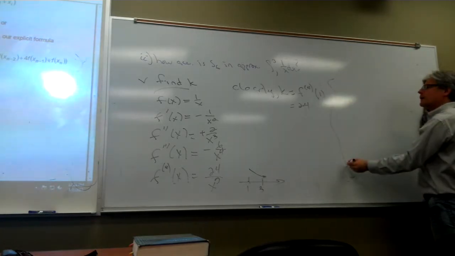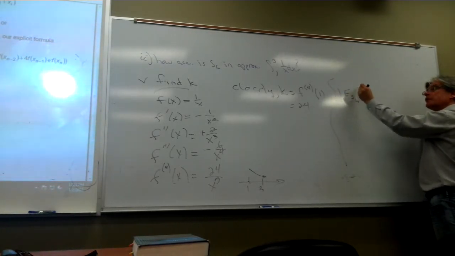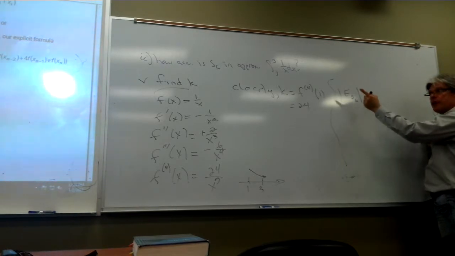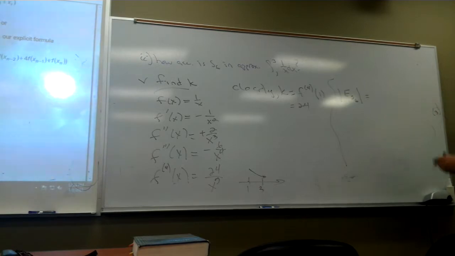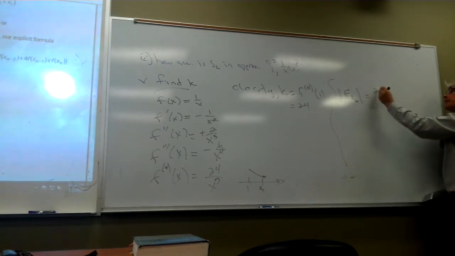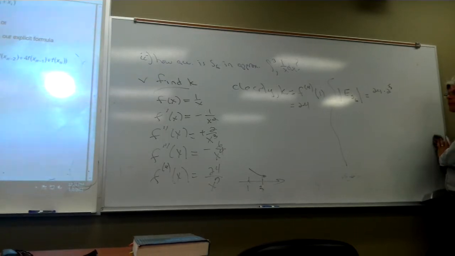I think an upper bound for the absolute value error in using Simpson's rule with 6 subdivisions for that integral up there in purple is going to be nothing more than my K times (b minus a). Well, b minus a is just 2, isn't it? Raised to the power of 3. Well, for Simpson's rule, oh, Simpson's.